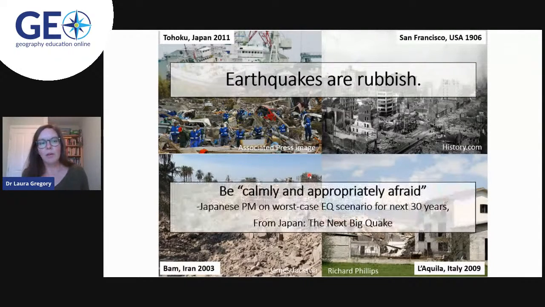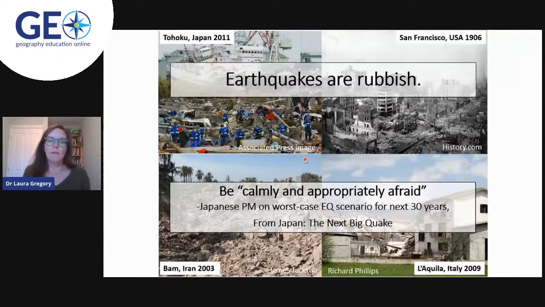And when we think about earthquakes, it's a good idea to actually be afraid of them as a society and not petrified in fear. So we don't want to be so scared that we don't do anything about it, but we want to be calmly afraid and have an approach where we can take some mitigating actions to deal with the hazard that is presented by earthquakes.